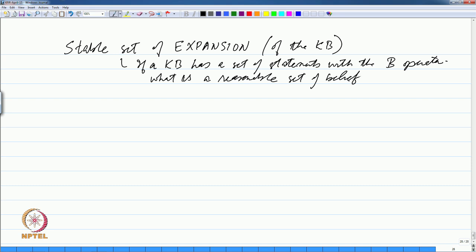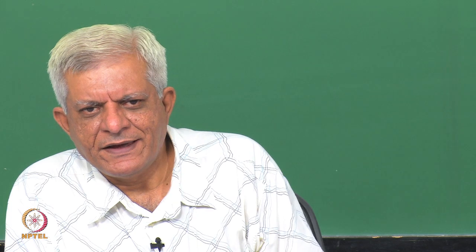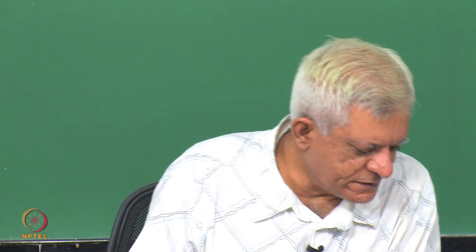That is a question we are asking all the time, that given this knowledge base, what is it reasonable to believe in essentially. And now we are saying here that in autoepistemic logic, anything that follows from a stable expansion, which means we will add some statements to the knowledge base in the style of default logic, but except that we do not have those separate default rules, we have only these belief statements in our logic system. Based on that, we will add certain statements, and then we will define a notion of stability, and if an expansion is stable, then anything that follows we will accept.